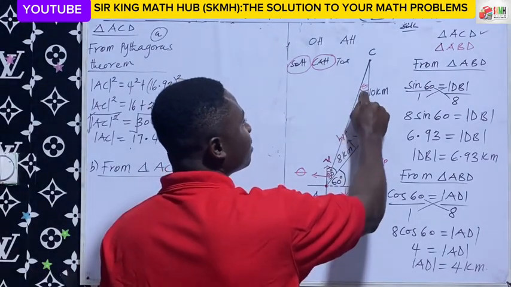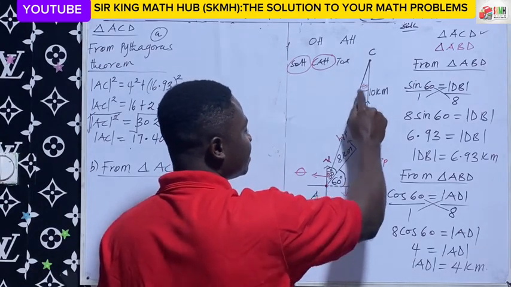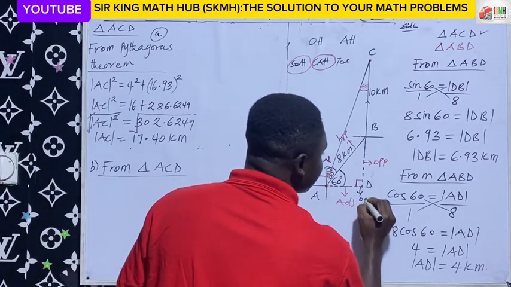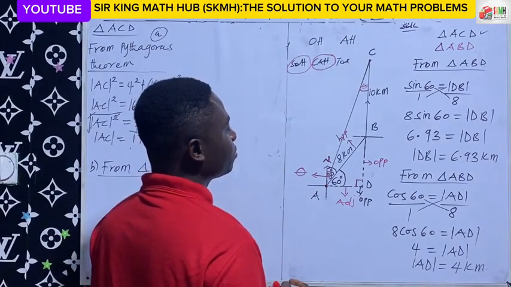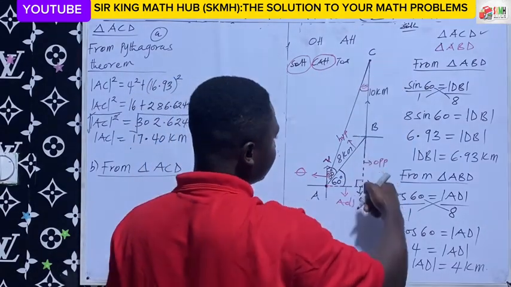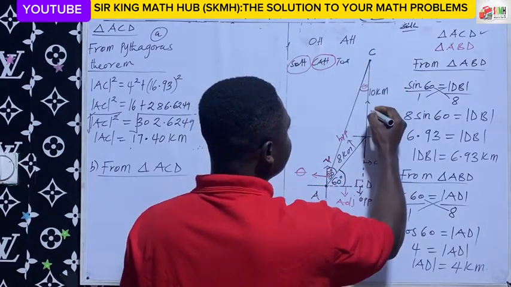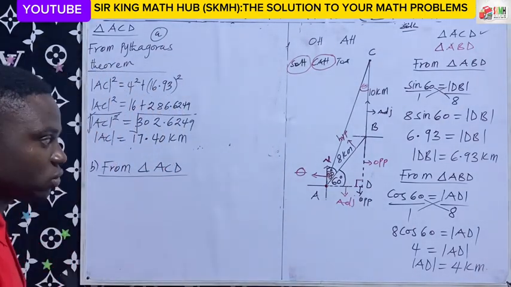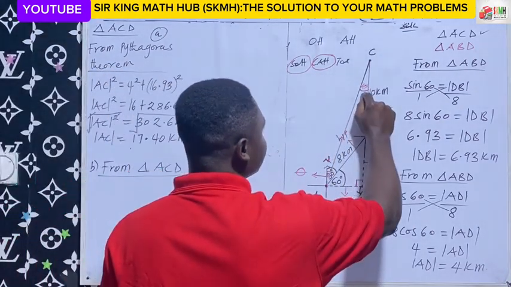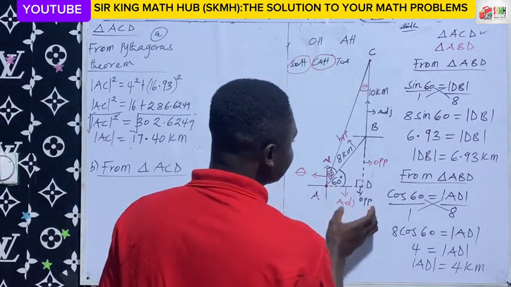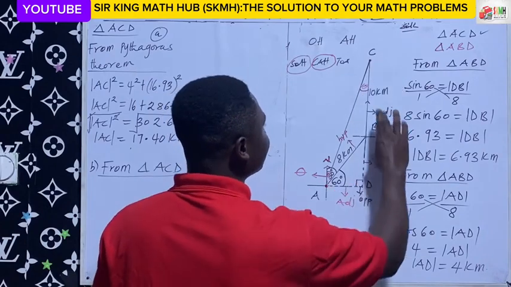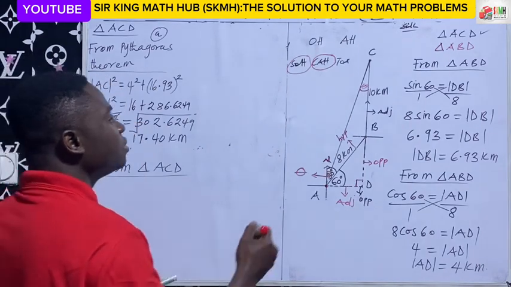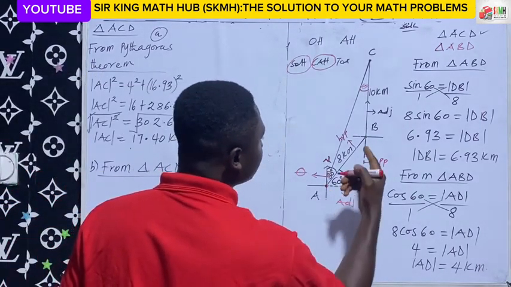Take note, we are making reference to this theta. Then line CD becomes our adjacent, and line AC is our hypotenuse.